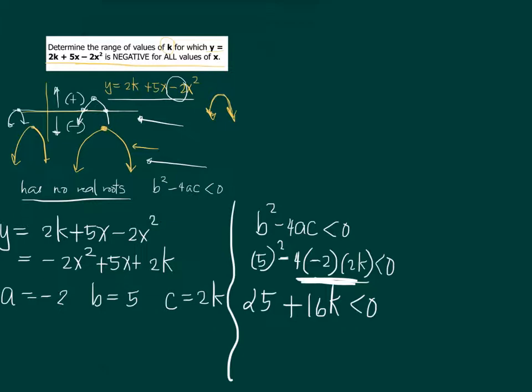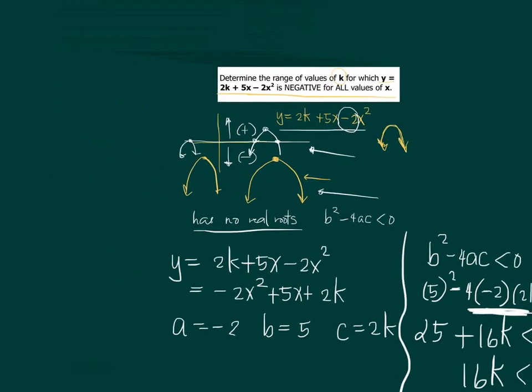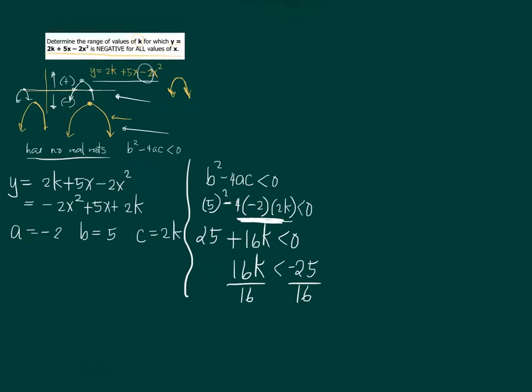Okay, we're almost there. We have 25 plus 16k. Solving for k, I can manipulate this inequality into 16k is less than negative 25, and then divide by 16. So we write k is less than negative 25 over 16. That's approximately 1 point something.